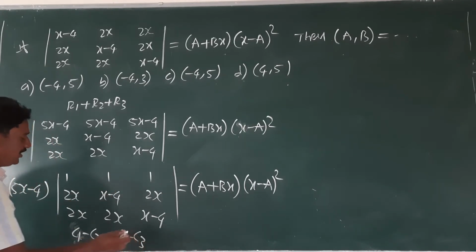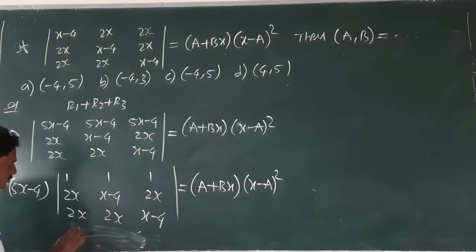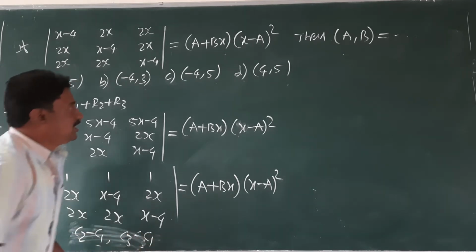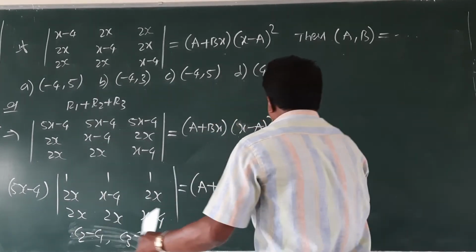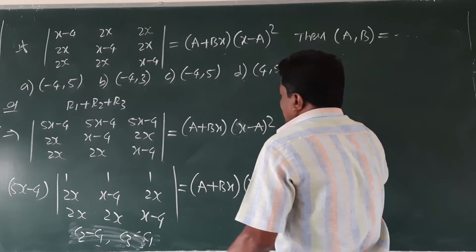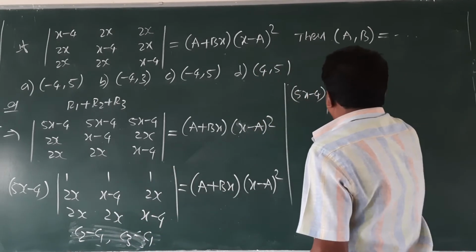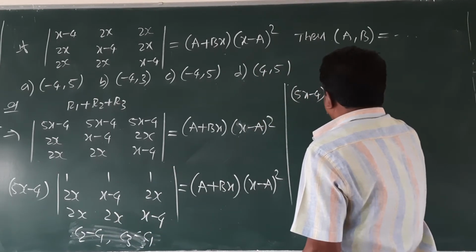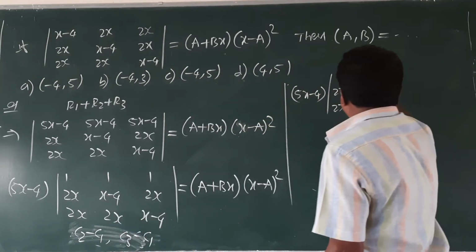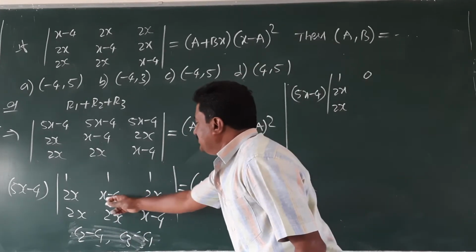You can do it either way, or you apply C2 − C1, C3 − C1. So write, students: (5x − 4) into, write the C1 as it is: 1, 2x, 2x; C2 − C1: 1 − 1 is 0, 0, x − 4.